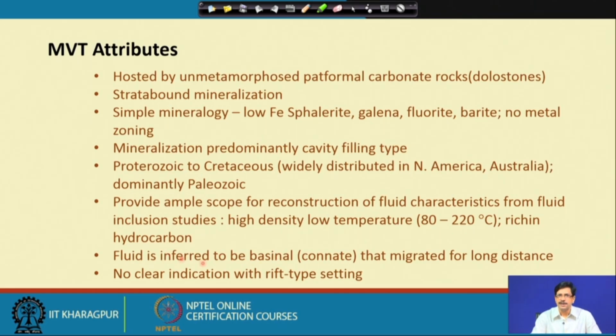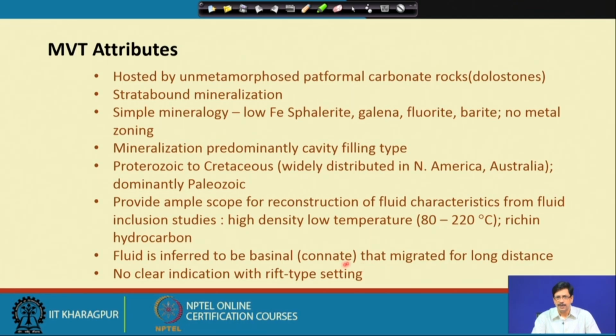In fact, these are the deposits from which the concept of the long distance migration of connate fluid was proposed, because the fluid characteristics did not quite match with any fluid that could possibly be generated from the host carbonate rocks, and the carbonate rocks show a good degree of replacement during the mineralization.